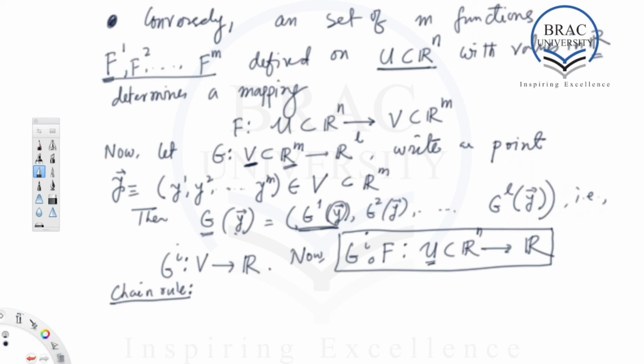So a variable point in this open subset U was denoted earlier by vector x, right, whose components were these n tuples, remember?